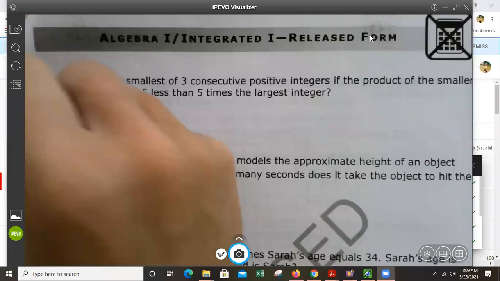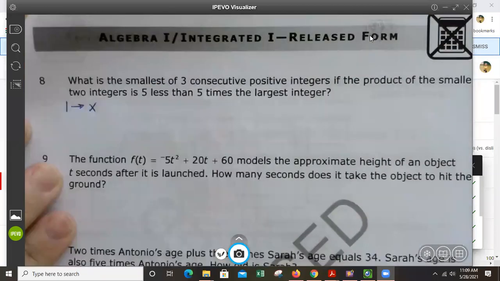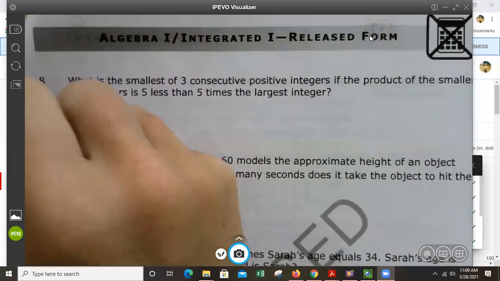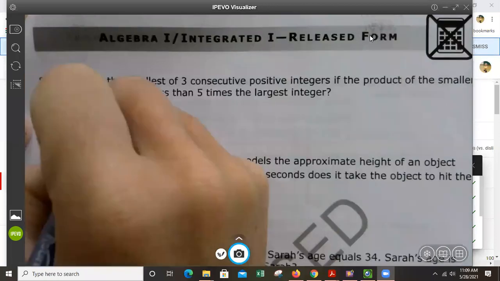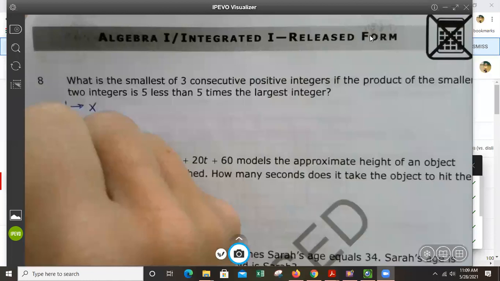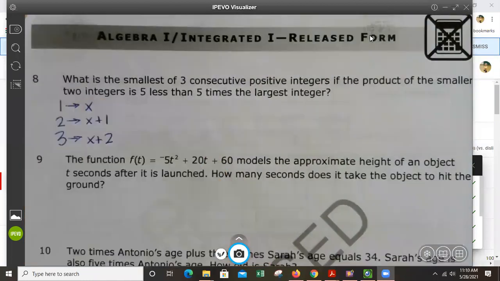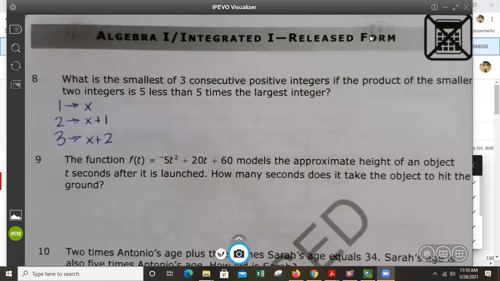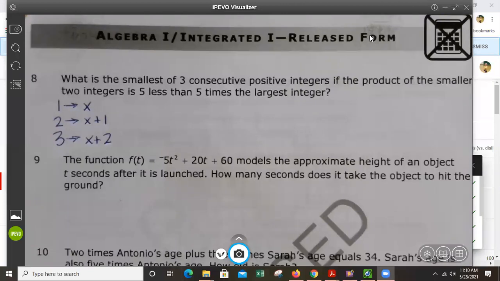So your first one, we don't know, is going to be X. Back to back means we're going to add 1. Since we're doing 3 of them, we're going to add another 1 or add 2 total. Is everybody good? It's looking for the smallest one, which is going to be X. So we're looking for X.